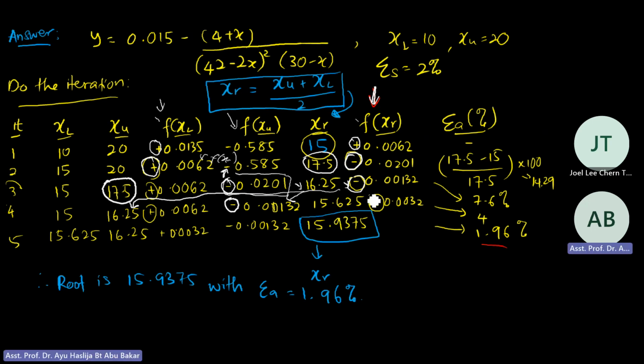The next one is positive, so positive replaces the positive value. So here it will go to FXL. It replaces the FXL value, so the XR calculated over here will go to XL. It's up to you which method to use.